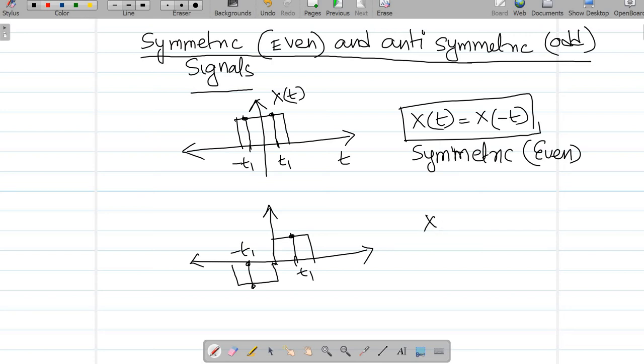So the condition for an antisymmetric signal is x of t is equal to negative of the time reversed signal.